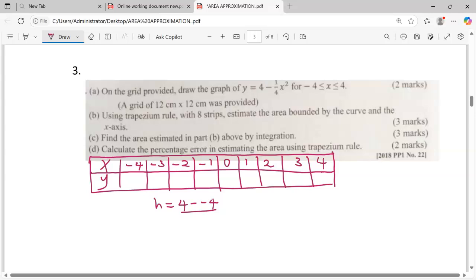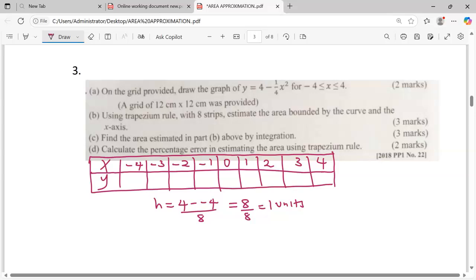In this case, we are supposed to use 8. 4 minus -4 gives us 8, divided by 8, giving us a height of 1 unit, and that is what we have used on the x values.